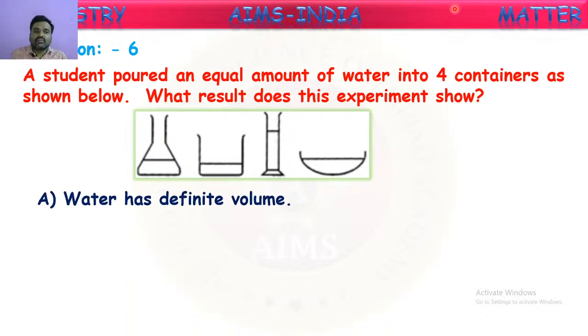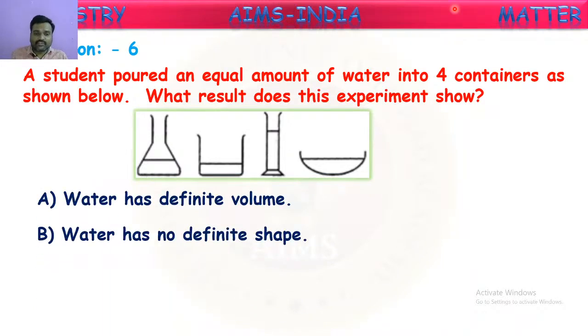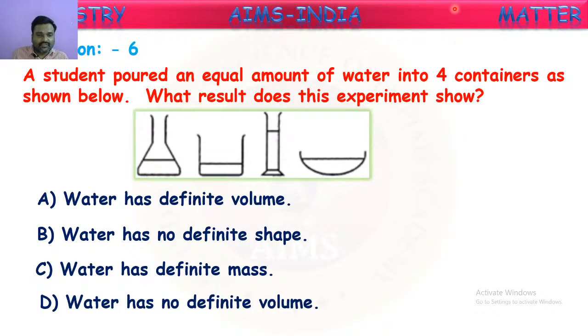Let us see the options. Water has definite volume, water has no definite shape, water has definite mass, water has no definite volume. From this experiment we can identify that water or any liquid occupies a fixed volume, but based upon this experiment shown here, we can say clearly water has no definite shape.